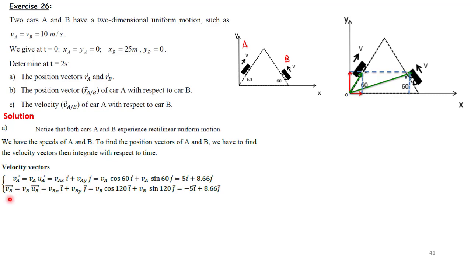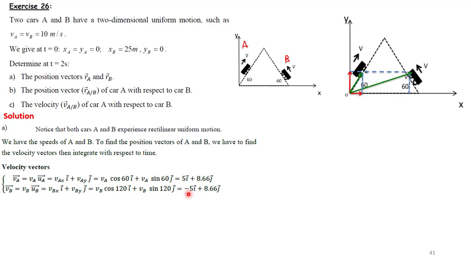Similarly we can find VB, but please note that for VB, VXB is in the negative direction. So we have to write that VB is equal to minus VB cosine 60, or simply VB cosine 120 along I.